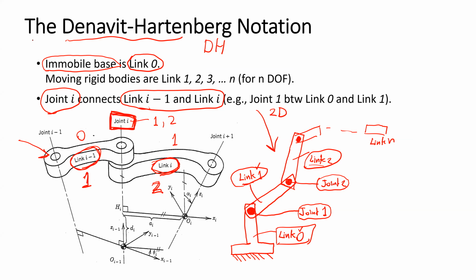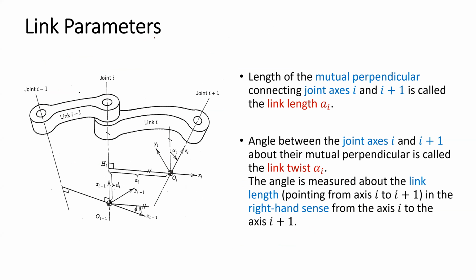The link parameters are the parameters that describe the link. What are the parameters that describe the link? The first parameter we are talking about is the length of the link.